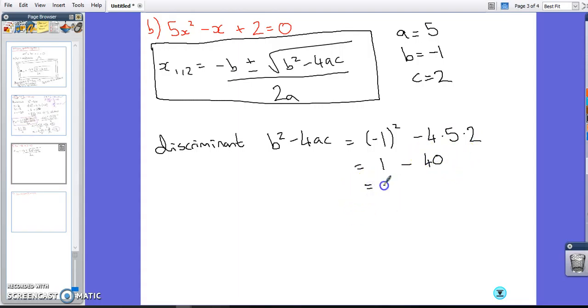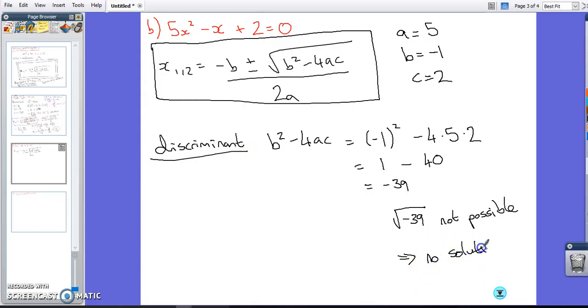So we get our discriminant as -39. And because our formula would then ask us to calculate the square root of -39, that's not possible. Therefore, we know just from our discriminant that we have no solutions. So we don't need to work out any more.